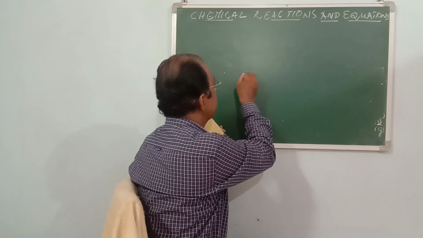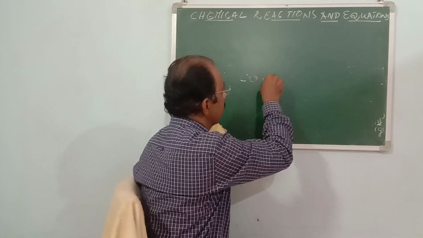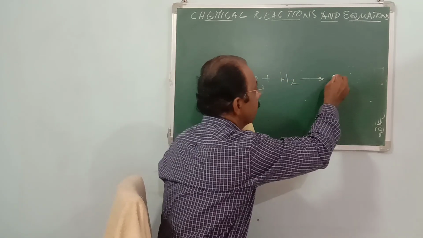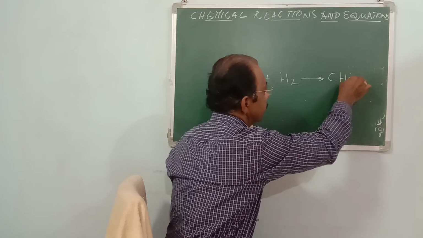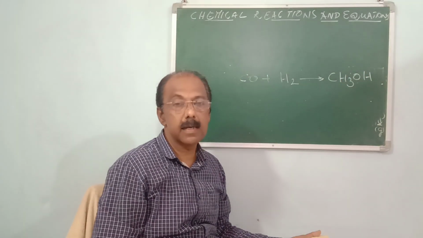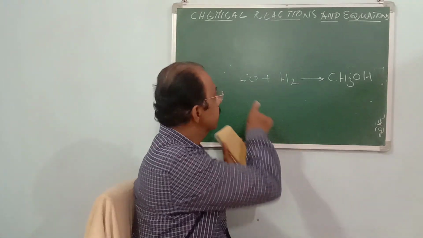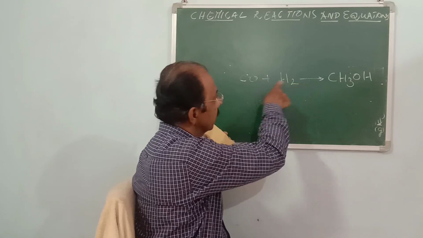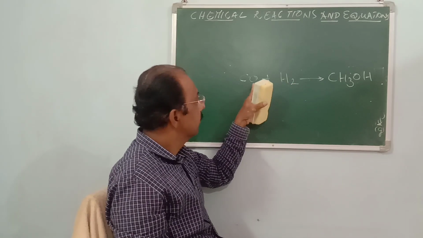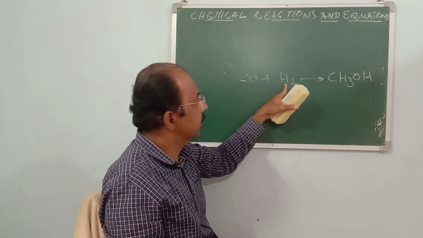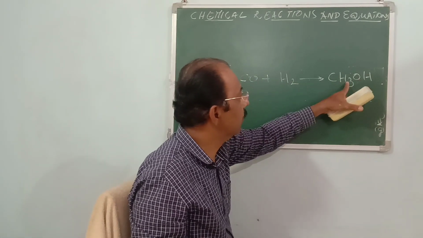One is the reaction between carbon monoxide and hydrogen gas to produce a compound called methanol, CH3OH, methanol or methyl alcohol. It's a skeletal equation. By seeing the first side, you can see that it's not balanced. To balance, you may see that here there are 2 atoms of hydrogen and in the product side a total of 4 atoms of hydrogen.